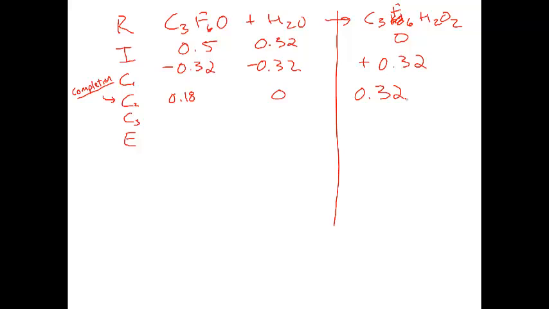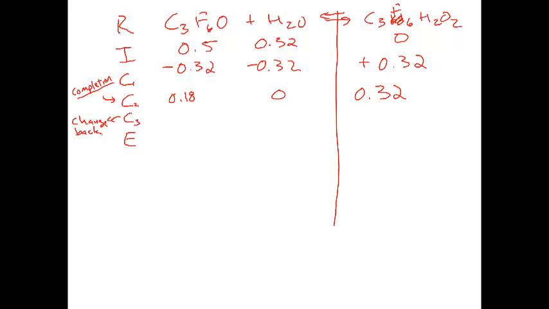This is assuming the reaction went all the way to the end. I used up all my limiting reactant. But this is equilibrium, so that means I don't just go in one direction. C3 is change back. So we're doing a little mathematical gymnastics with this. We're assuming the reaction goes all the way forward, and then once it's all the way forward, let's assume it goes back just a little bit.